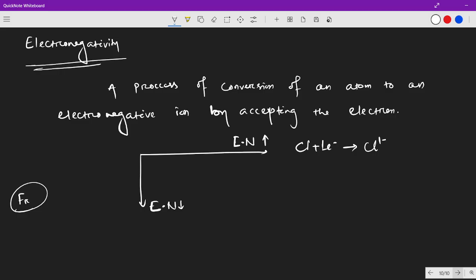As it is a heavy metal, it cannot accept an electron. If you write 1e, it is the wrong thing, because they will only lose the electron. Understood? Hence, on moving left to right, electronegativity increases, and on moving top to bottom, electronegativity decreases.